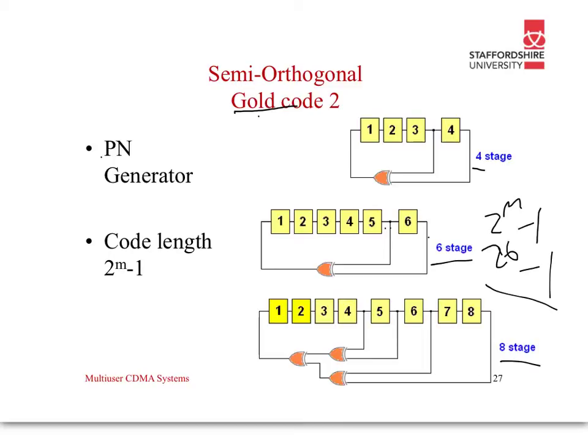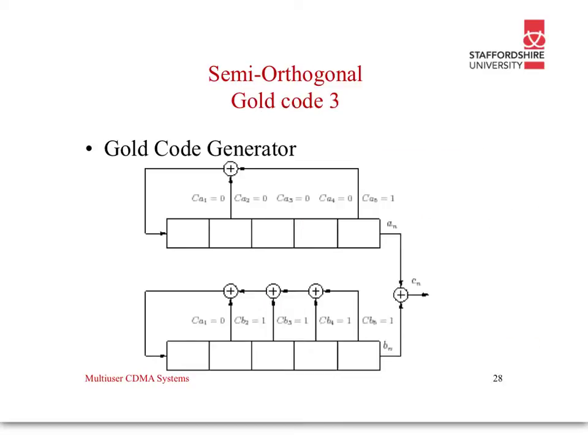semi-orthogonality. However, in a gold code generator, what we do is we have 2 shift registers working in parallel, and then we exclusively OR the outputs of those 2 to provide the final output. So in this case, we've got 1, 2, 3, 4, 5 stages.